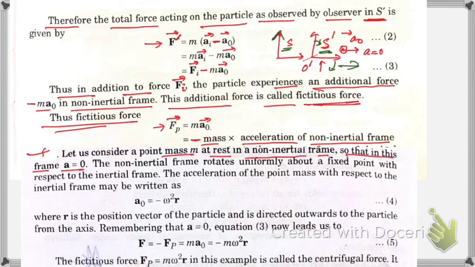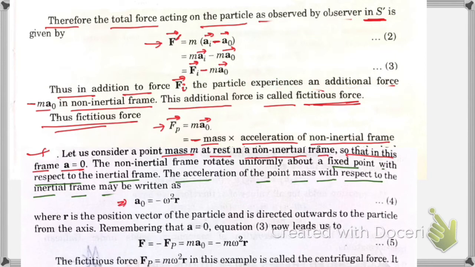This is Y dash, this is X dash, and the S dash frame is rotating about a fixed point with respect to the inertial frame. The acceleration of the point mass with respect to this inertial frame is given by a naught equal to minus omega square r. This is equation number 4.